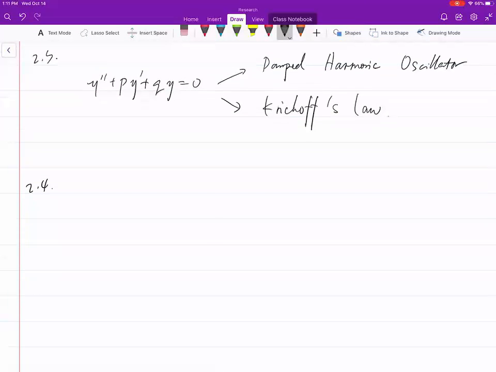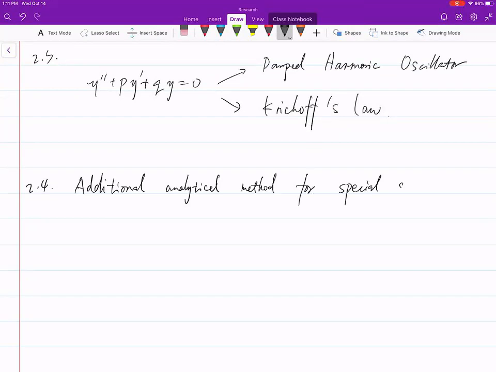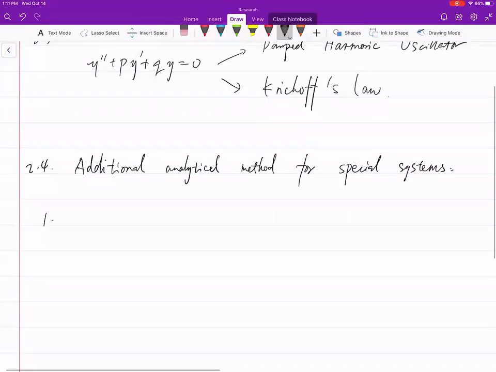Now we were talking about 2.4, additional analytical methods for special systems. Let's give several pieces of information.